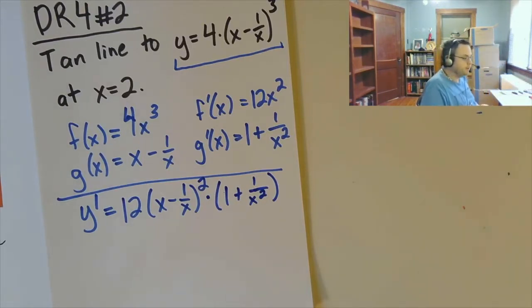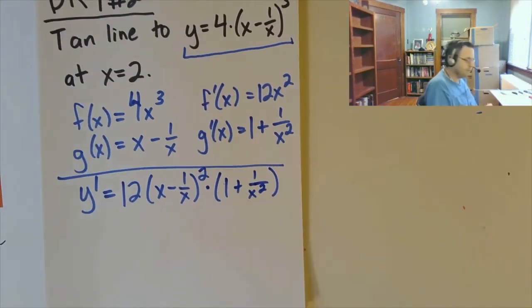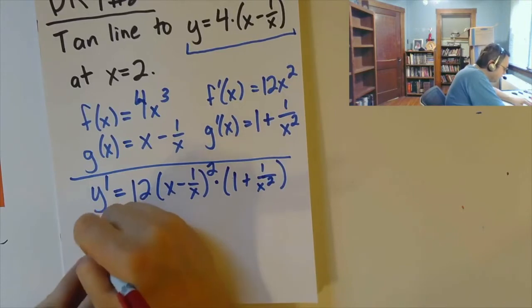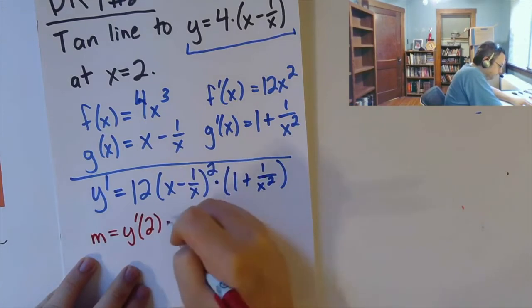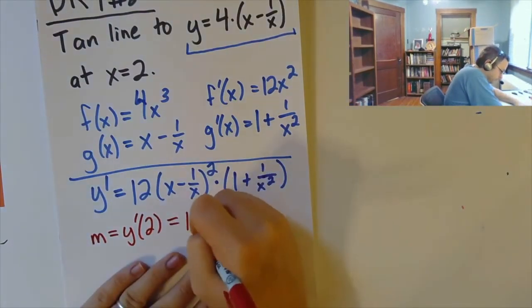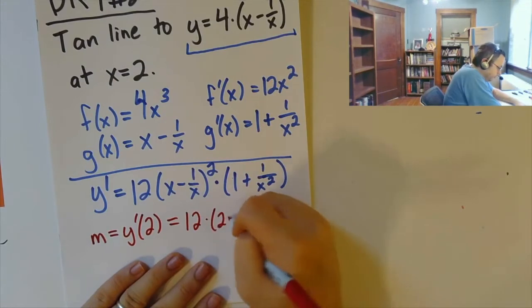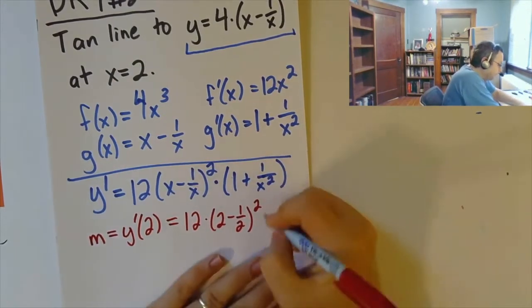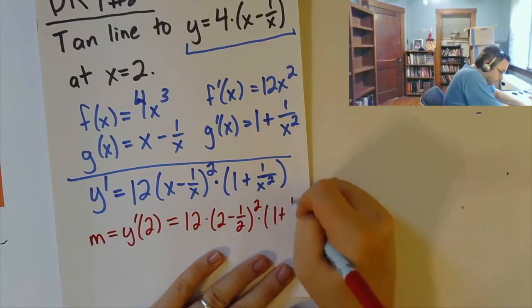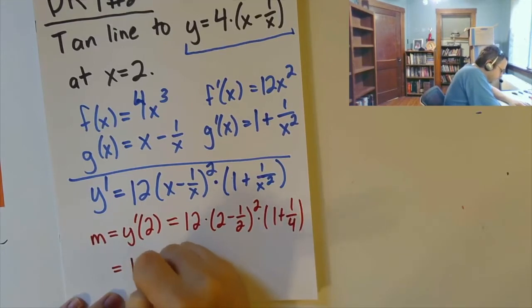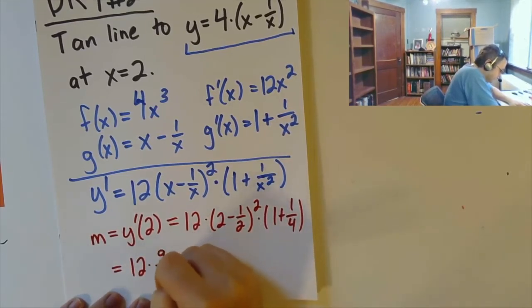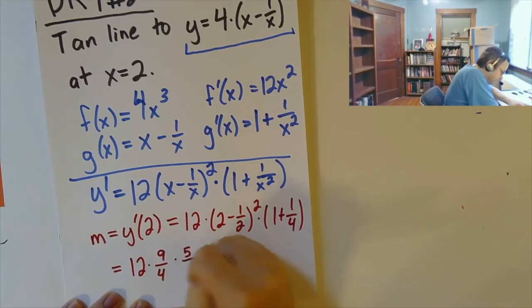Now, what I'm trying to do here is find the tangent line at x equals 2. So let's first go ahead and find the slope. So the slope there, I'm going to get that as y prime of 2. And so that's going to be 12 times (2 minus 1/2) squared times (1 plus 1/4), which is going to be 12 times 9 over 4 times 5 over 4.